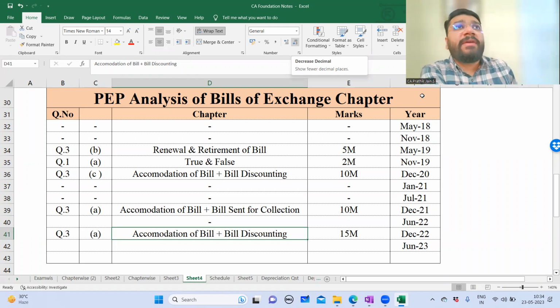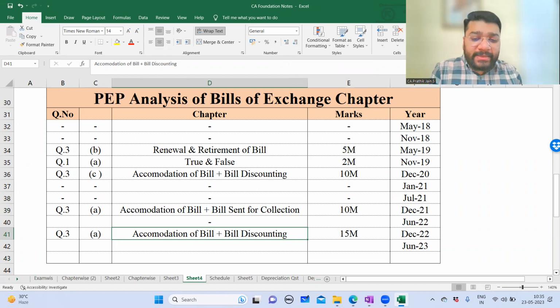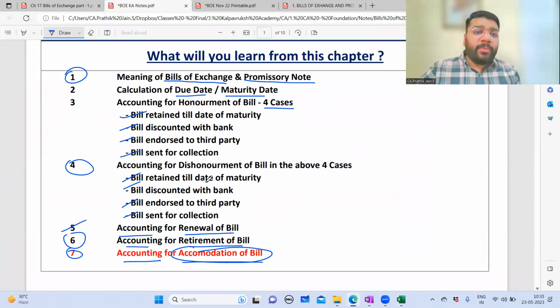In your CA Foundation material, if you look at the questions, guys, the major emphasis is given on accommodation of bill. You will see all the different varieties of accommodation of bill done properly. However, the questions pertaining to the 4 cases plus 4 cases are majorly missing in your CA Foundation material, because of which people do not practice these questions.